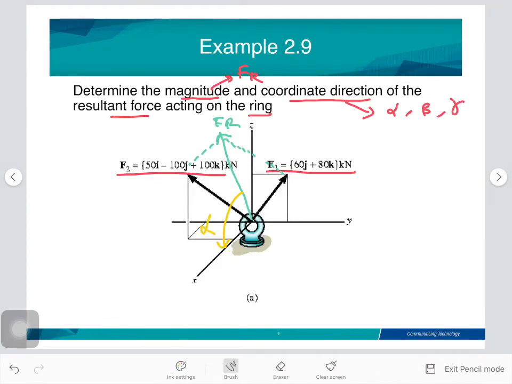So this is alpha, and the beta is measured from the force resultant to the y-axis, and then gamma from the force resultant to the z-axis. So how can you determine the alpha, beta and gamma? Of course you need to sum. You need to add the F1 and F2. So after you add, you need to group into the respective components I, J and K. Then you have to determine the magnitude. Okay, let's do that.